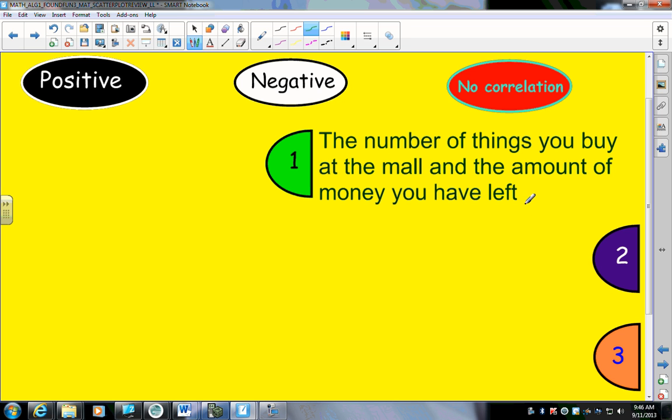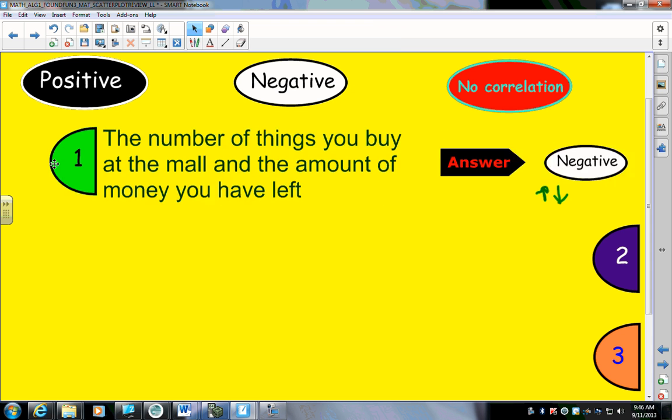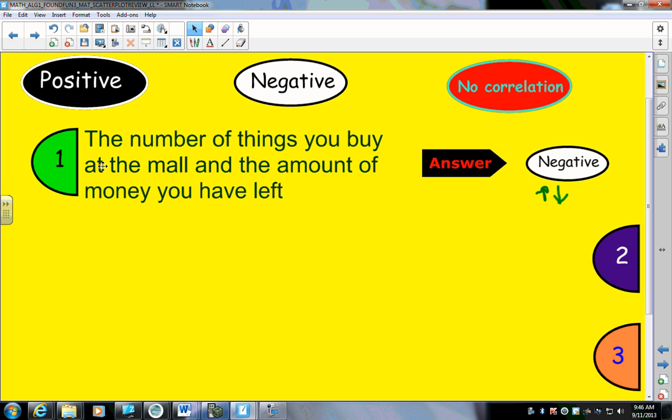The more you buy at the mall, what happens to your money? It goes down. They're going in opposite directions. So that means it's going to be a negative correlation. I'm not asking you to write the whole example down. I was just asking you to write down if it was positive, negative, or no.